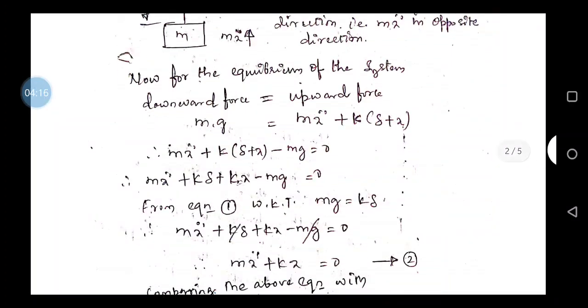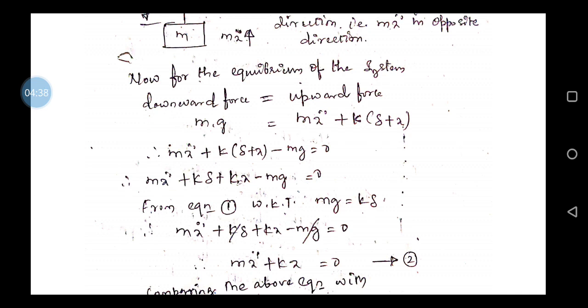So the total restoring force acting in the upward direction is, one because of the external force which we have applied, that is m x double dot, plus k into delta plus x, which is the expansion of the spring after application of the force.